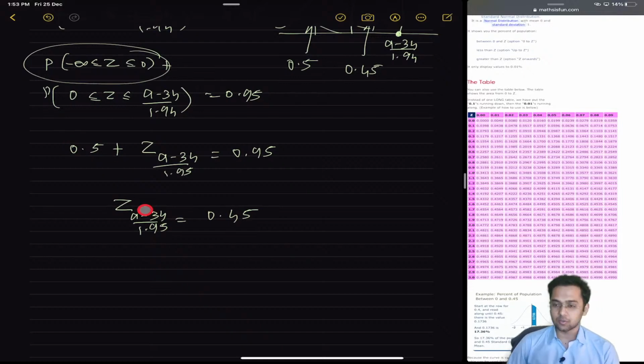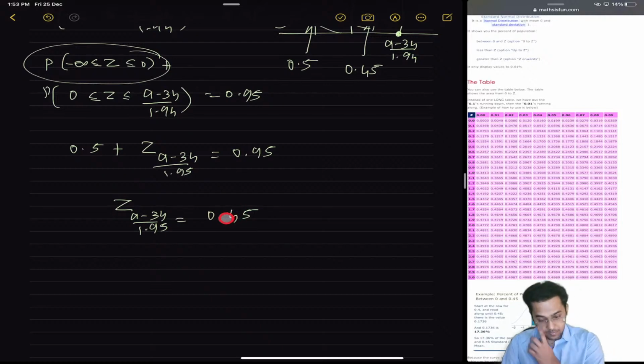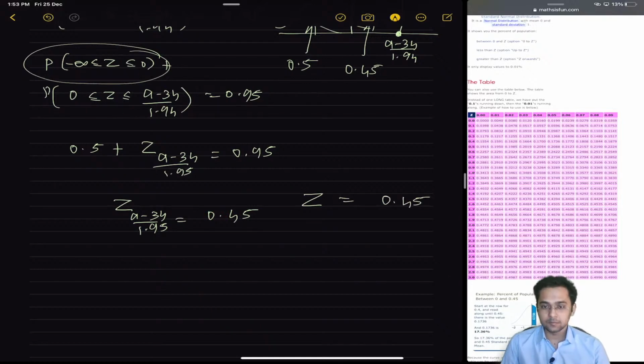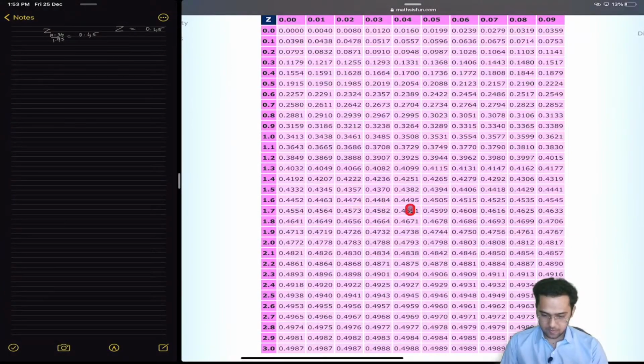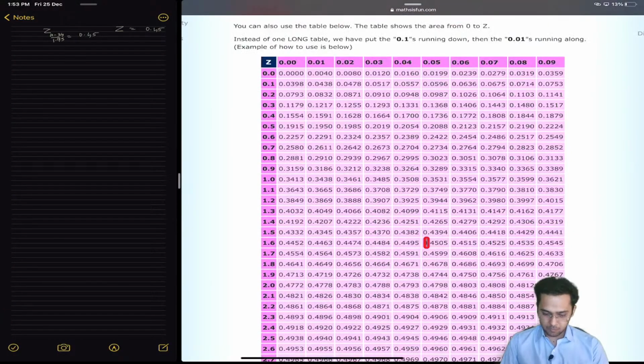So let's just look into the normal distribution table. We'll find that we have got 0.45 over here, which is under the row 1.6 and 0.05.